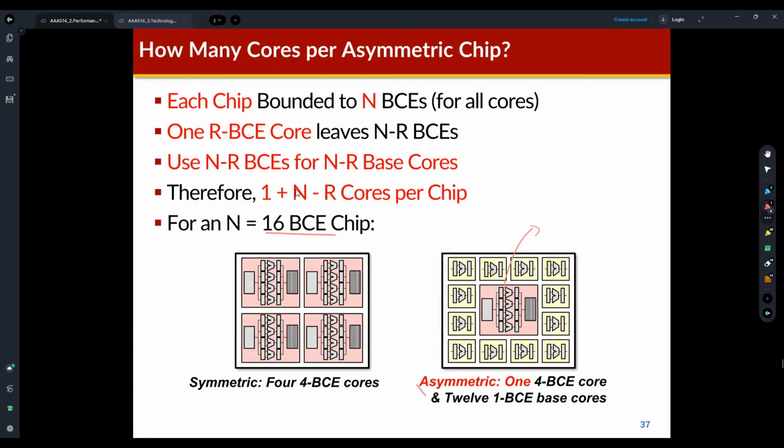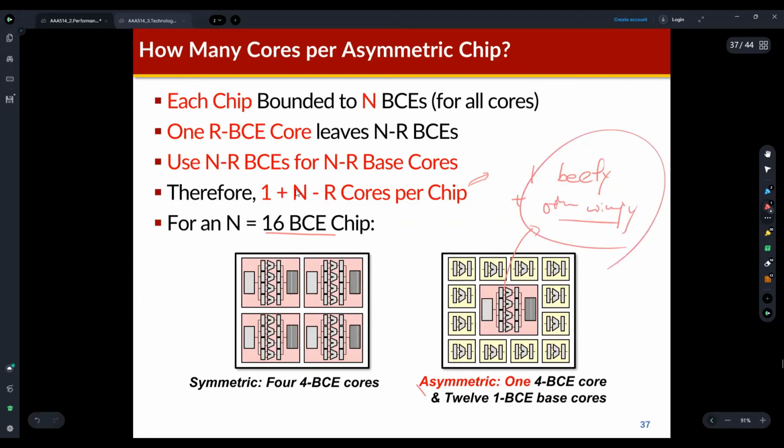So in this case, the researchers just assume that we can include only one PP core plus other WIMP cores here. Which means the assumption gets simpler. Okay.